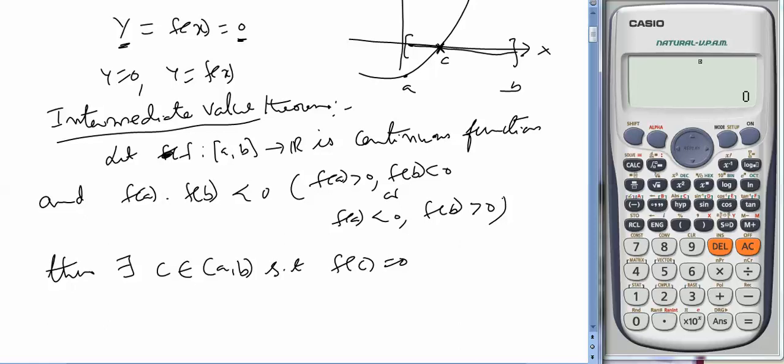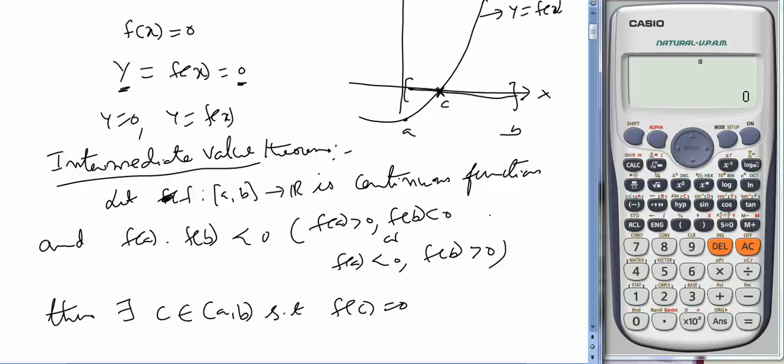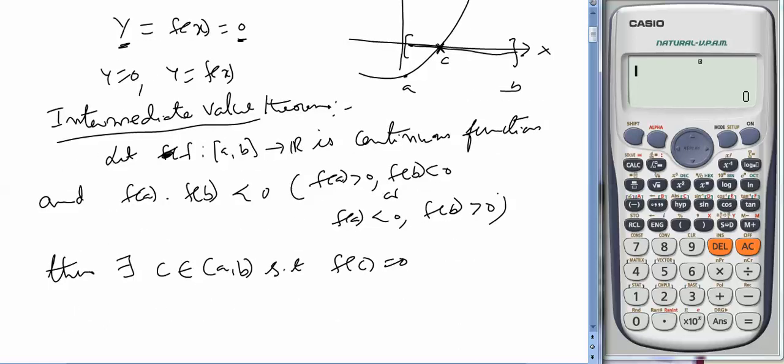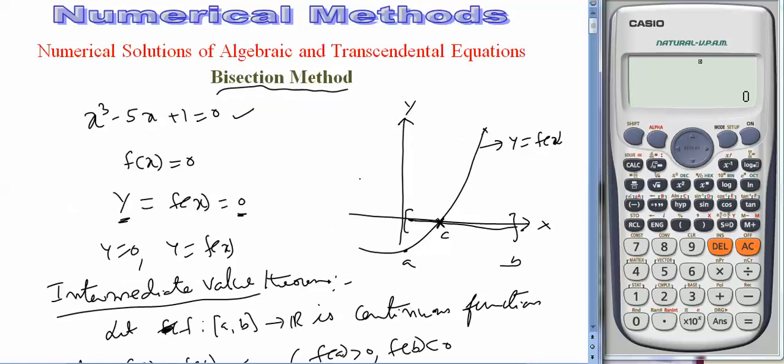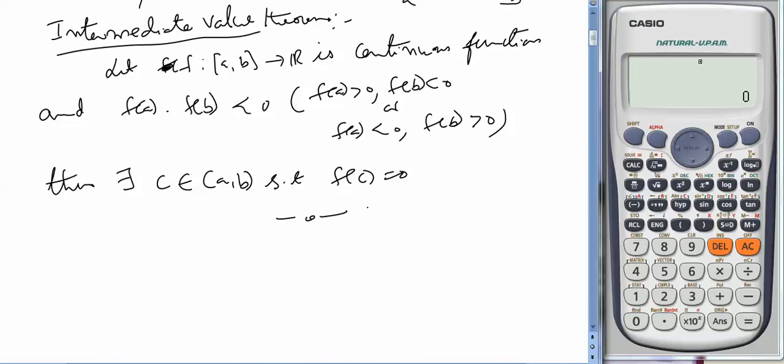Now c is the required root of the equation. This is the intermediate value theorem. We will use it for applying the bisection method, the regula falsi method and other methods.